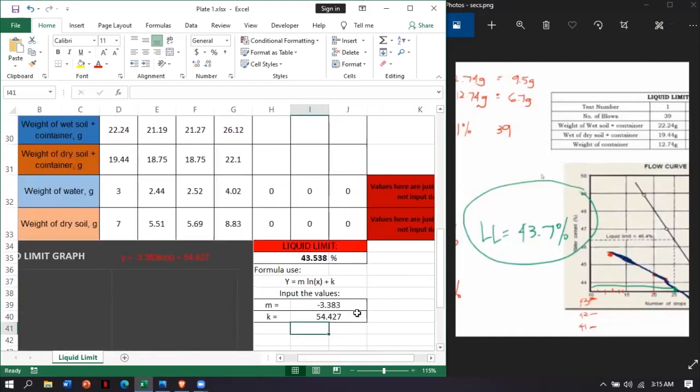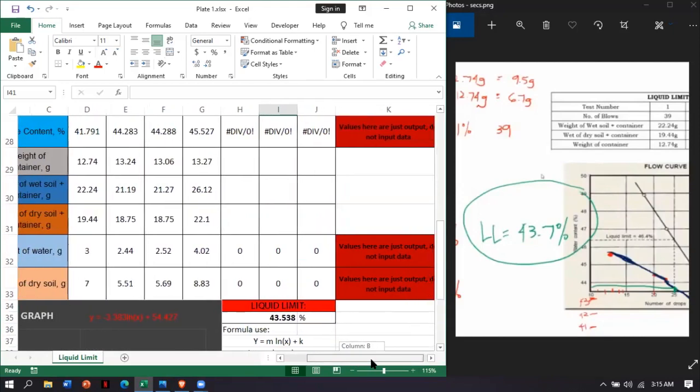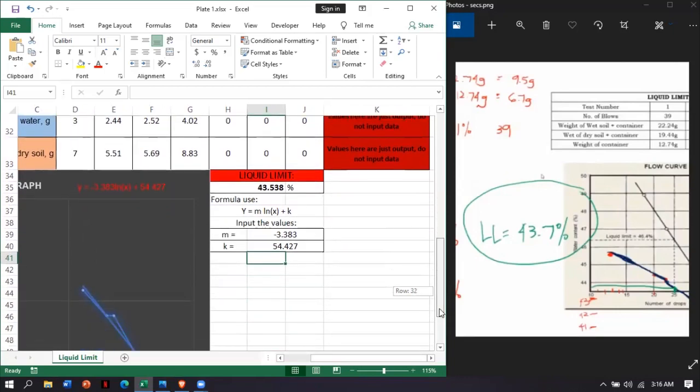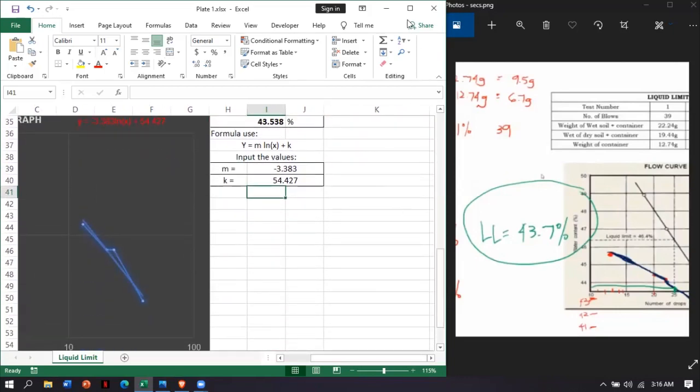That's all for the first situation. The second method is going to be discussed by Mr. Olanda, which is the fall cone method. That's all, guys. Thank you.